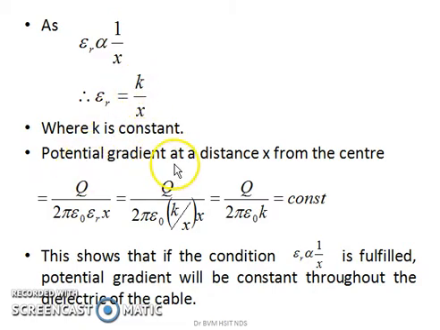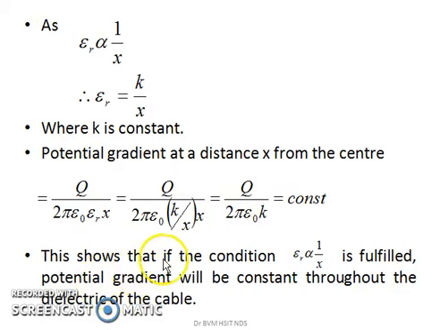The potential gradient at a distance x from the center is given by q divided by 2 pi epsilon naught epsilon r x. Here q is the charge in coulombs, epsilon naught is absolute permittivity, epsilon r is relative permittivity, and x is the distance from the center. So this equals q by 2 pi epsilon naught, and epsilon r is k by x. Therefore x gets cancelled, and finally what you get is q by 2 pi epsilon naught k, which is nothing but a constant.